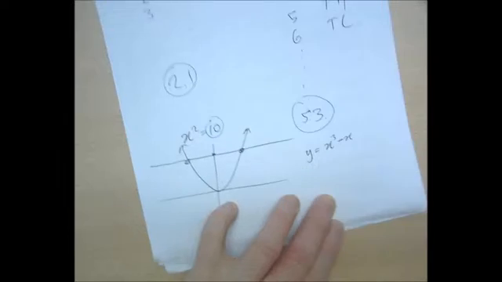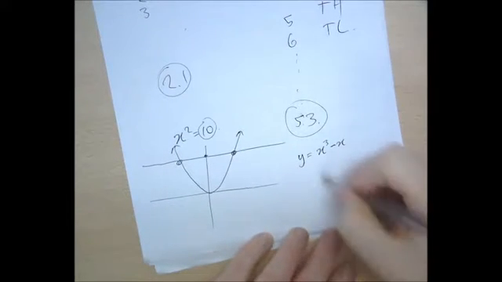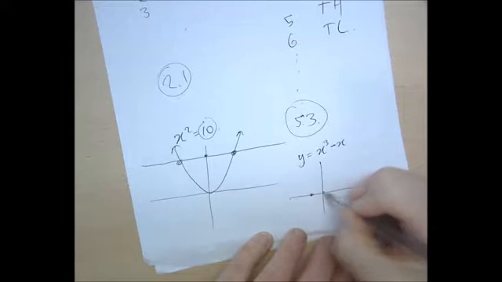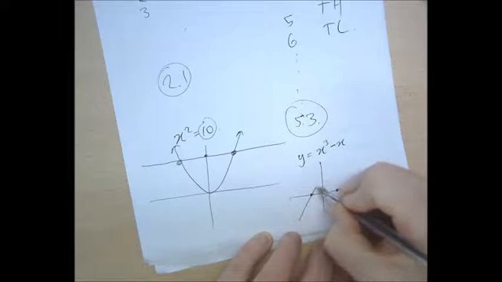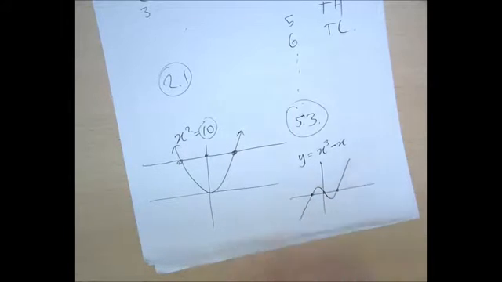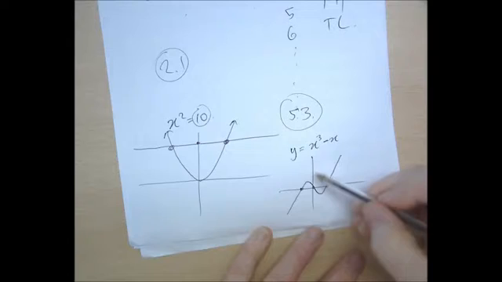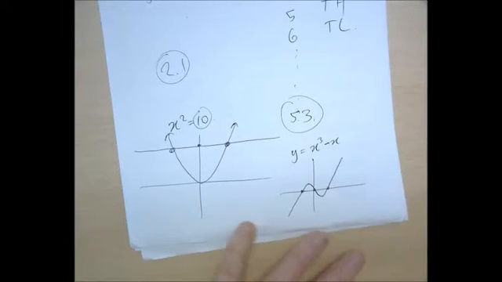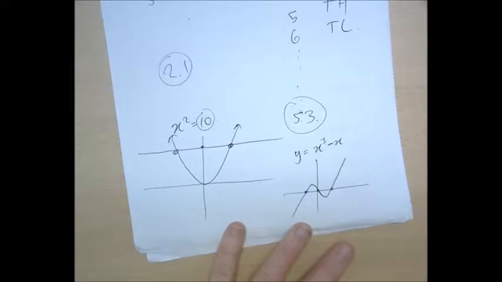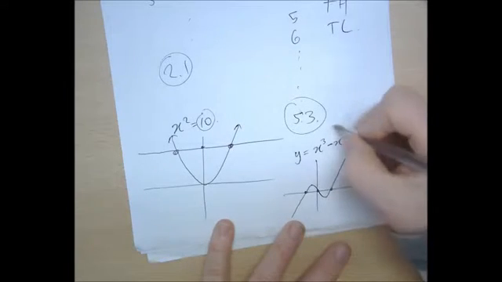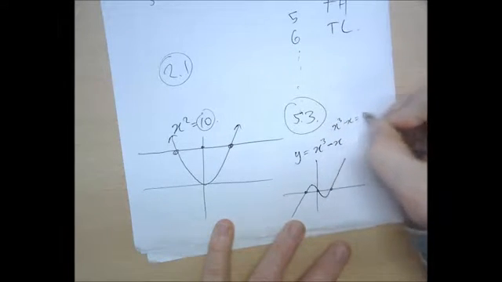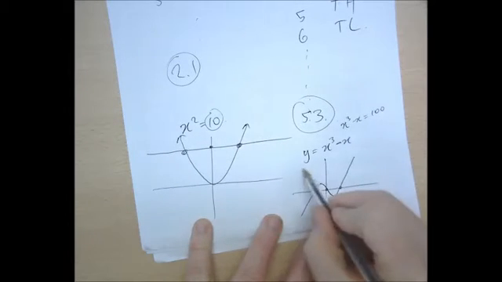Another example. Depending on how old you are, you'll have the skills to graph this. Year 12s definitely do. Now, this very quick sketch doesn't tell me how high and how low those are, but if I was solving x cubed minus x equals 100, that 100 is going to be way up there.